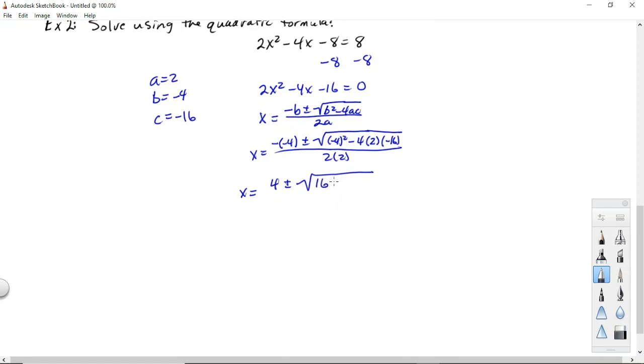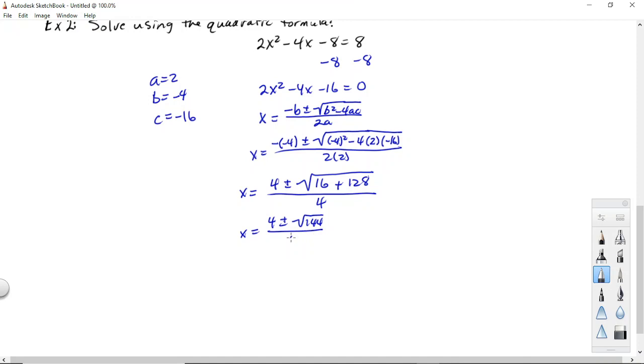And again, this will be a negative times a negative, so the 4ac part is negative 8 times negative 16, so that's positive 128. The bottom we have 4. So what do we get when we calculate that inside that radical? 16 plus 128, that's 144.